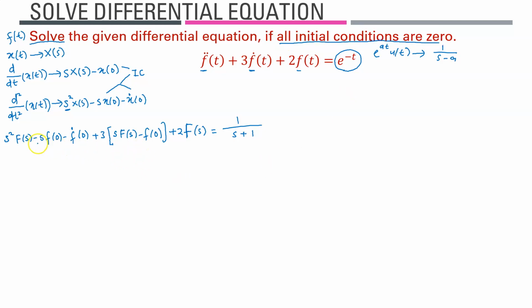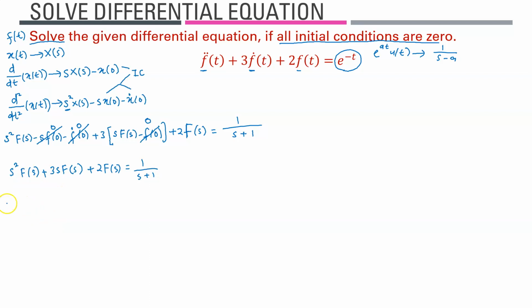So these initial conditions will be 0, and here also 0. So we will have s squared F of s plus 3s F of s plus 2 F of s equals to 1 over s plus 1.